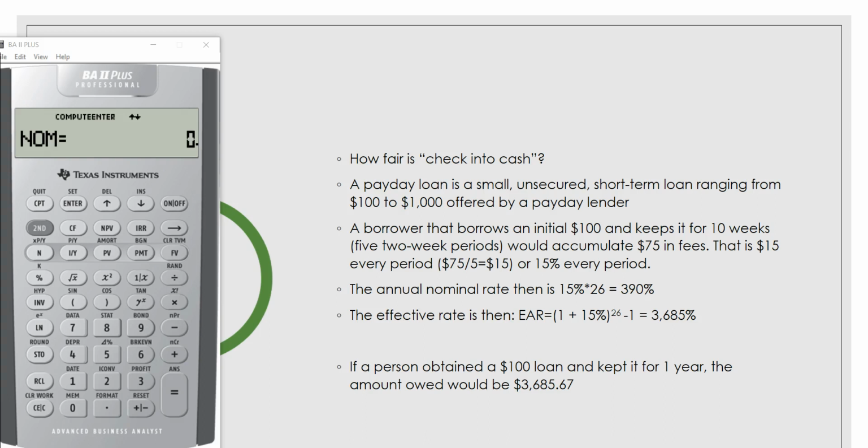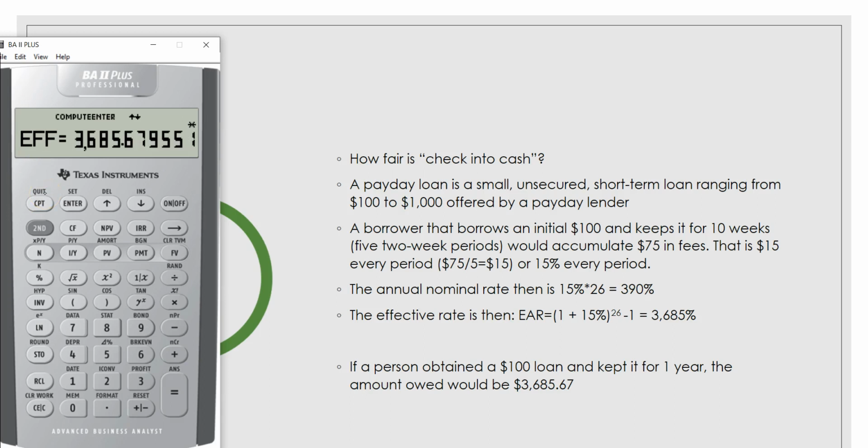So let's calculate the effective rate associated with that. Remember, the nominal rate is the contractual rate. The effective rate is the rate that you're actually paying. So if our nominal rate is 390%, we scroll up. There are 26 2-week periods in a year, so our compounding frequency is 26.